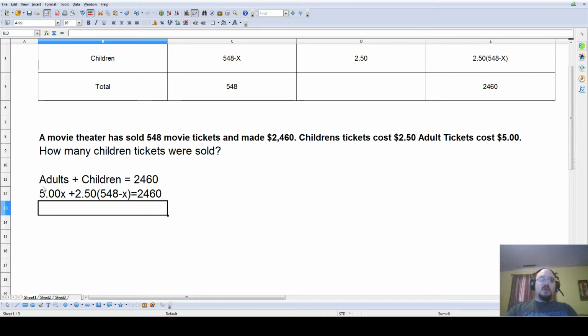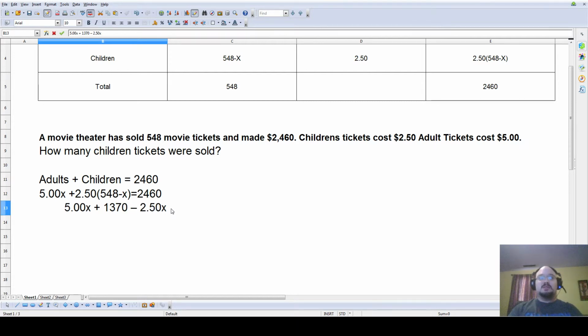We didn't do anything with this, so I'm just going to bring it straight down. $5 x plus, okay, we're distributing this into here first, and that was $1,370. And then we multiply this in here, and this is going to become minus $2.50 x.